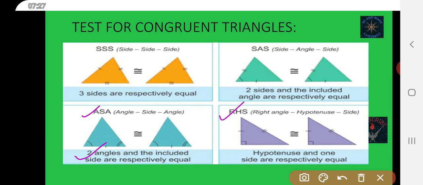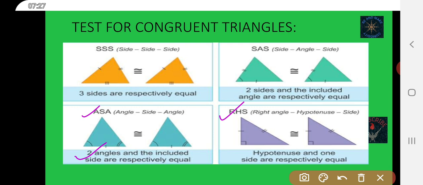Here you see RHS. In two right angle triangles, if the corresponding hypotenuse and corresponding sides are equal, then we can say two right angle triangles are congruent.